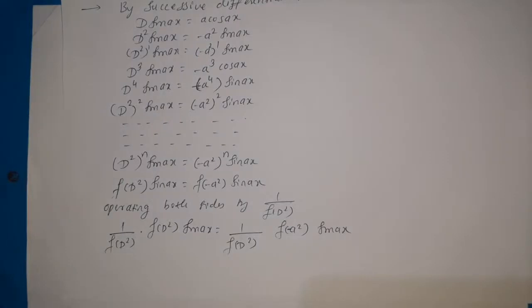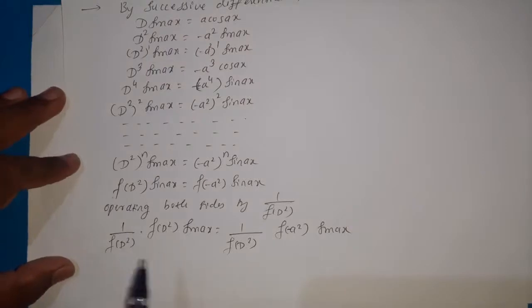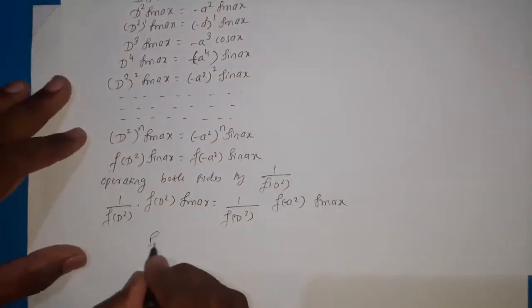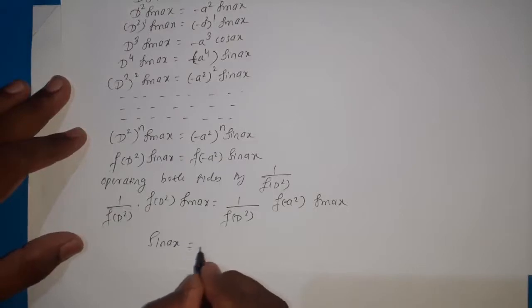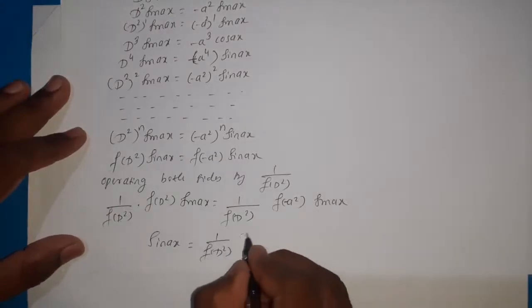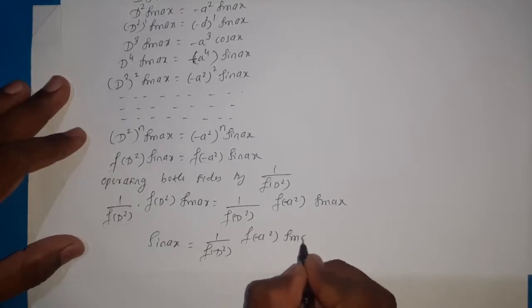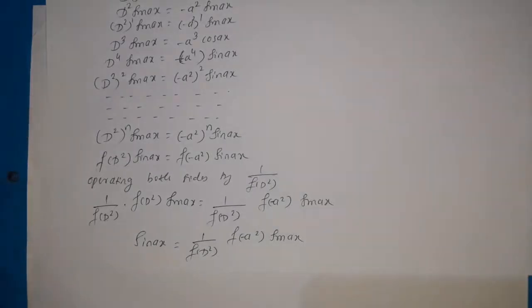Here we know that if f of D square is an operator, then 1 by f of D square is its inverse operator. So the operator and its inverse get cancelled, and the remaining sin ax is equal to 1 by f of D square into f of minus a square sin ax.